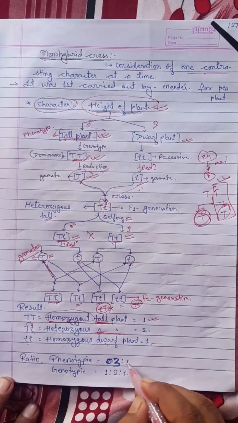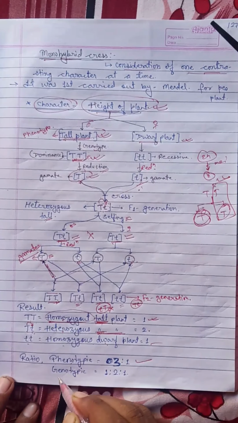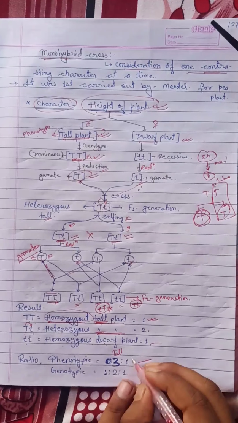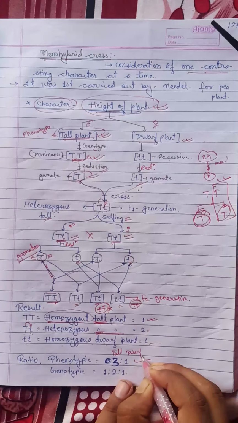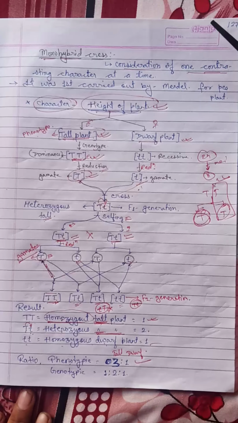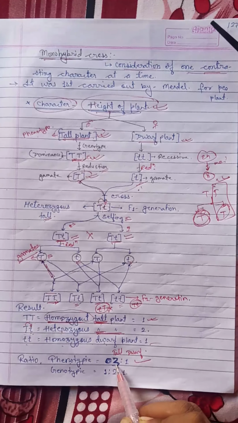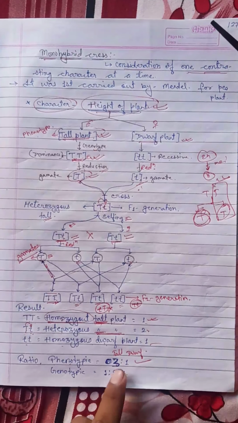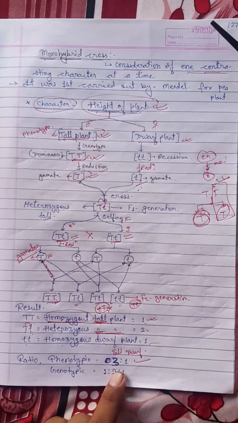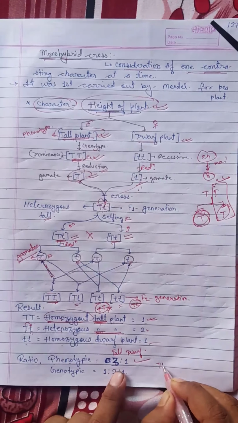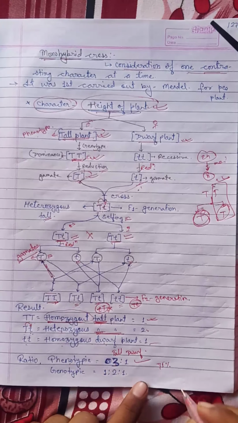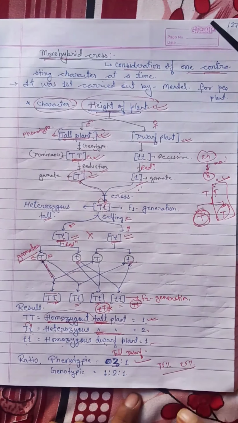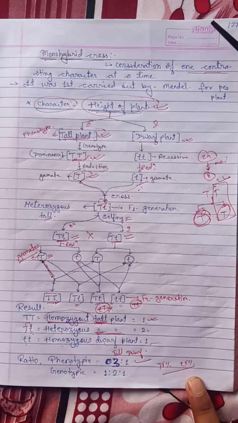Tall is 3, that is the phenotypic nature. What is the nature? The nature is 3 tall and 1 dwarf. This is the nature of the plant, the physical appearance. That's why the ratio is 3:1. That means 3 tall and 1 dwarf. Can you write this in percentage form? That means 75% of the plants are tall, while 25% of the plants show dwarfness, in the F2 generation.